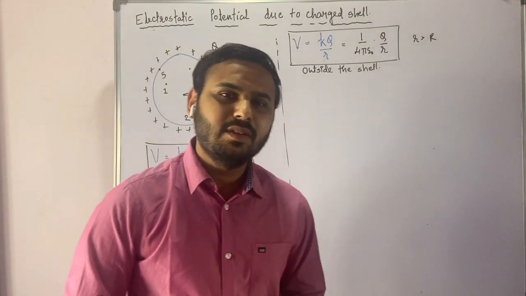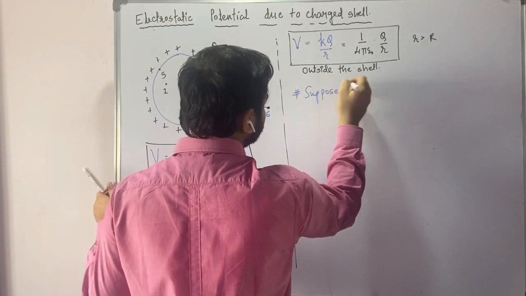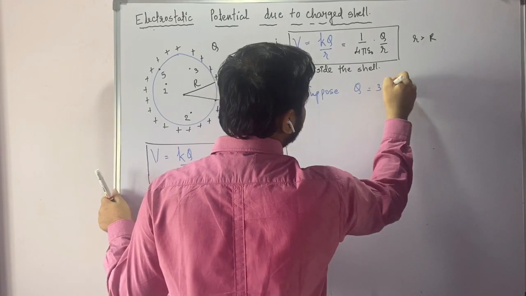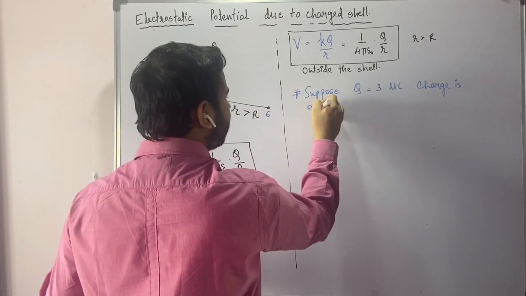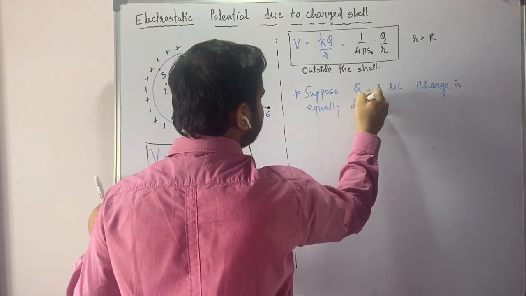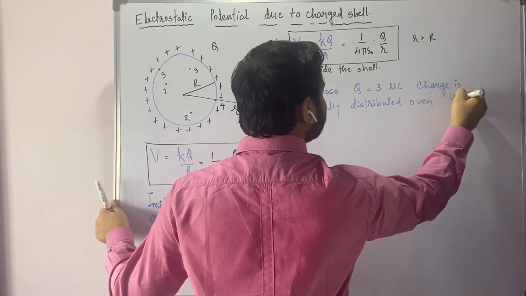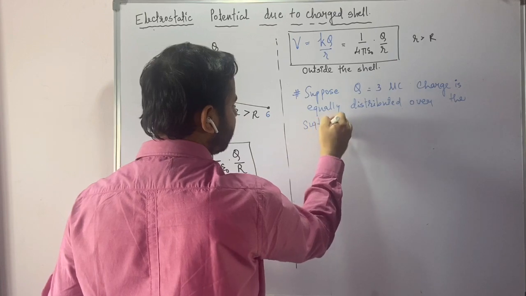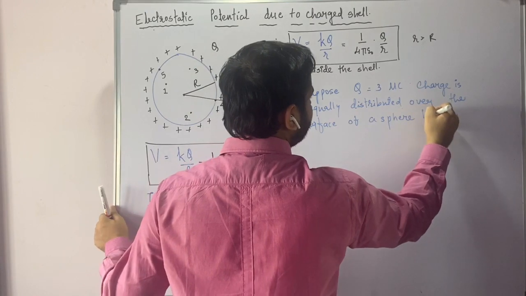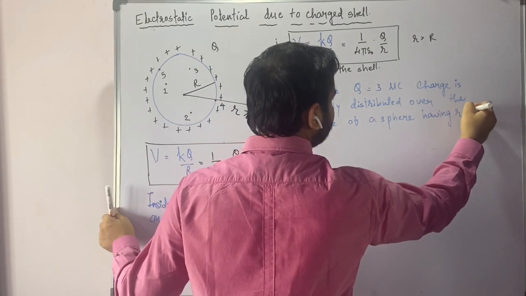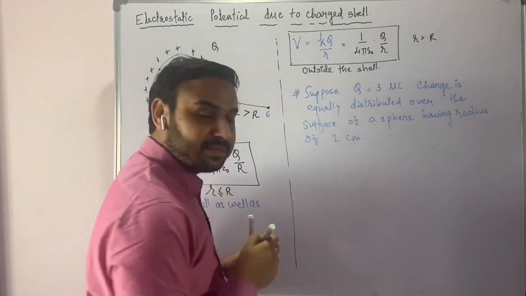Now, let us solve a question. Suppose Q is equal to 3 microcoulomb charge is equally distributed over the surface of a sphere having radius of 1 centimeter.